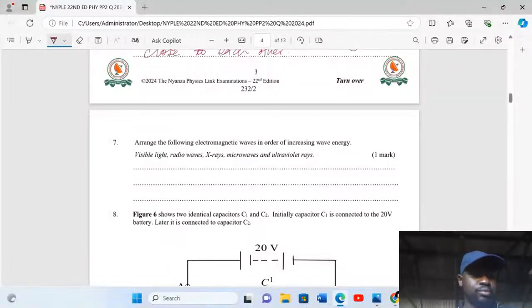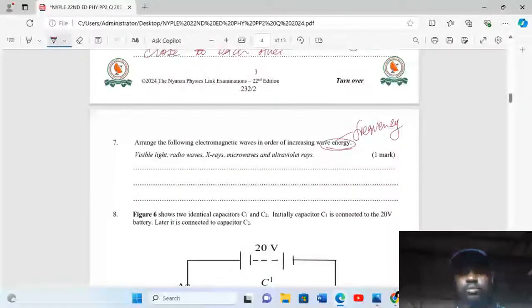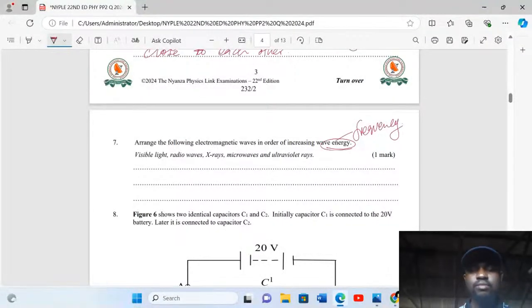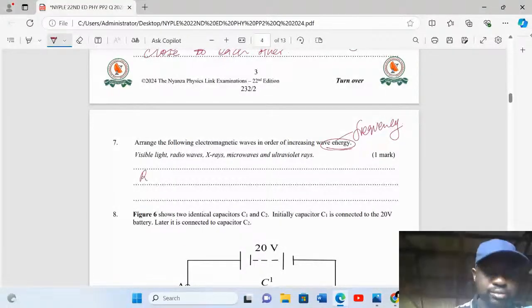In this case, the factor that attributes to energy is frequency. So in order of increasing frequency, we start with the smallest frequency, and in this case, it will be the radio waves.